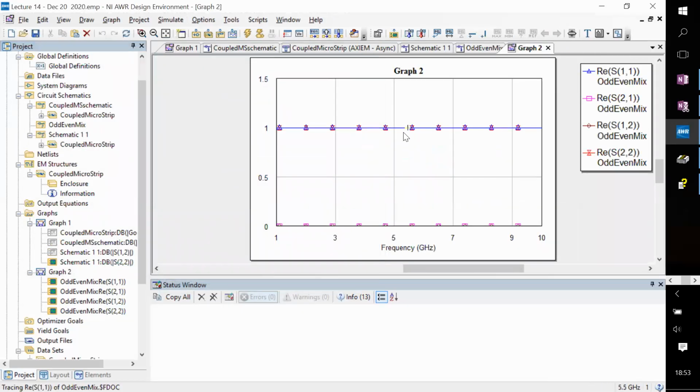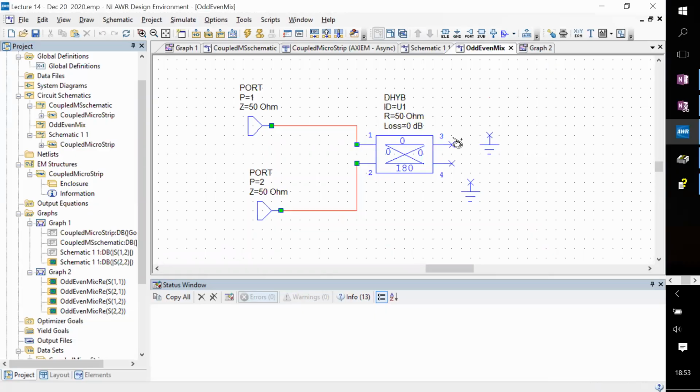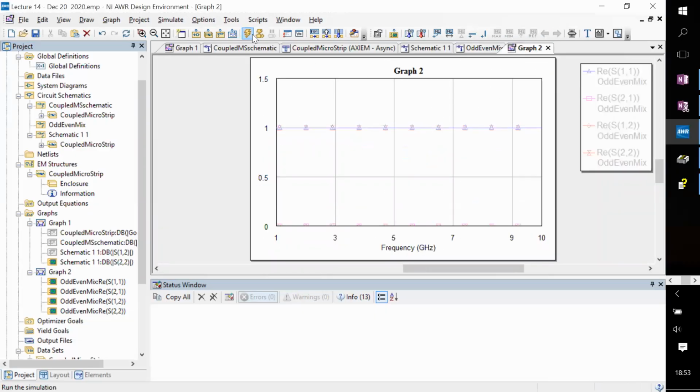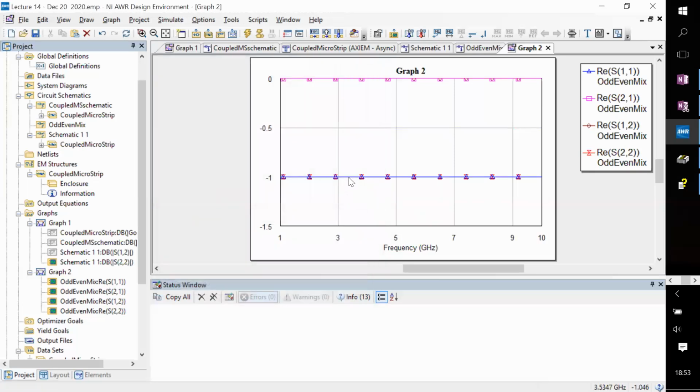Okay, so reflection coefficient is 1, transmission coefficient is 0. I put short circuits. Reflection coefficient now is -1 and transmission coefficient is 0.